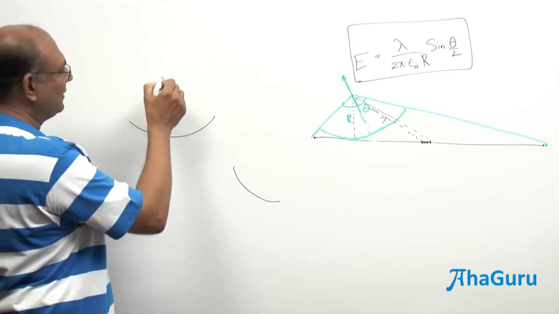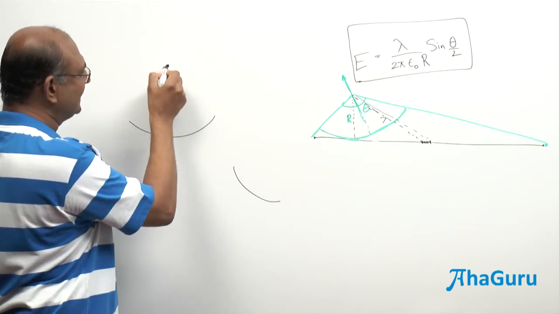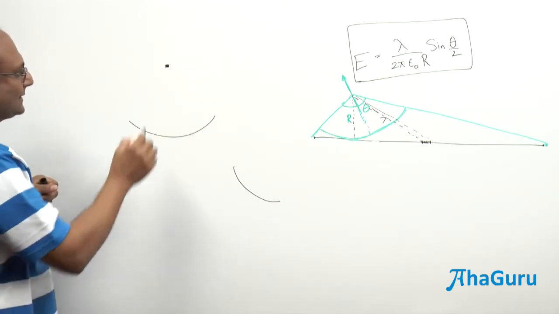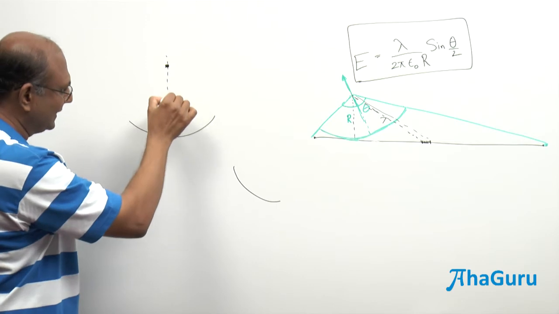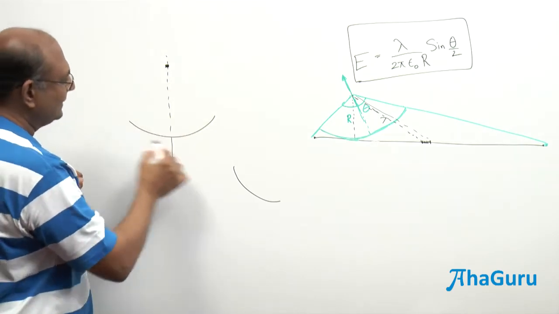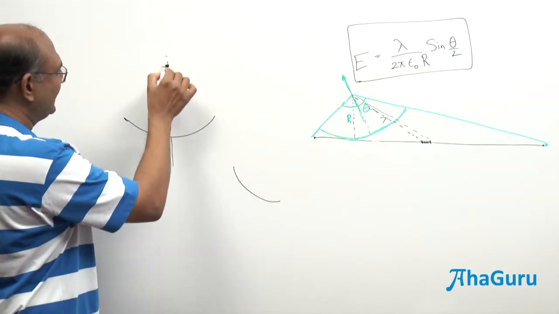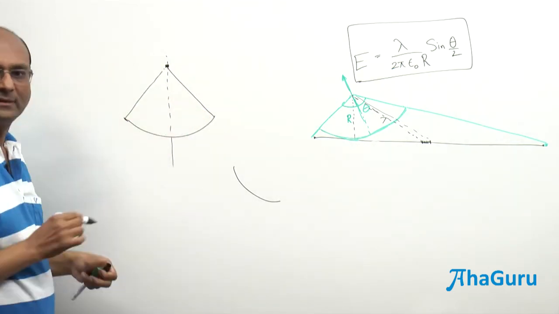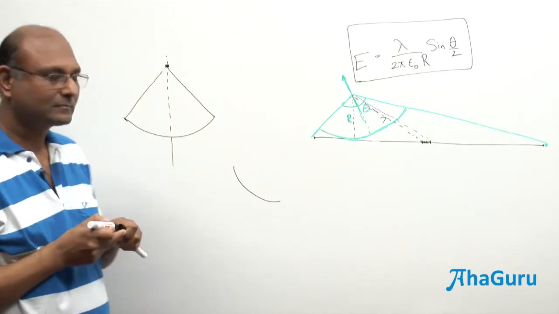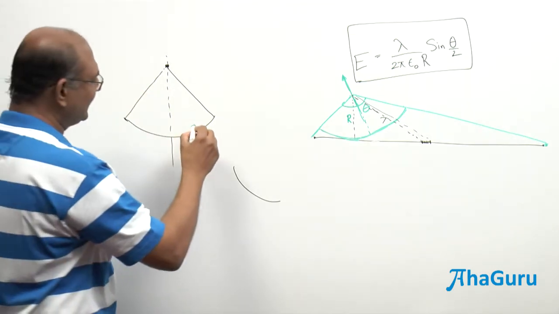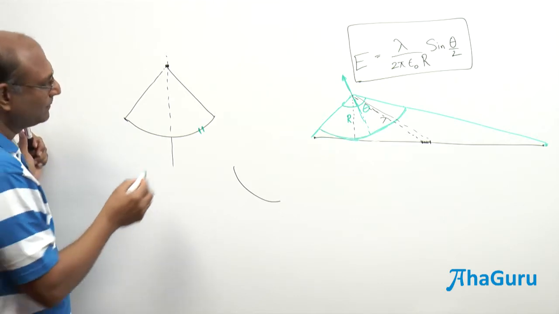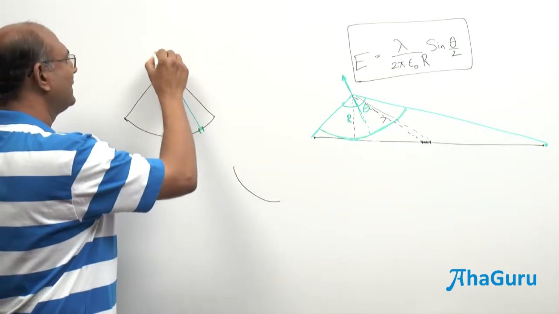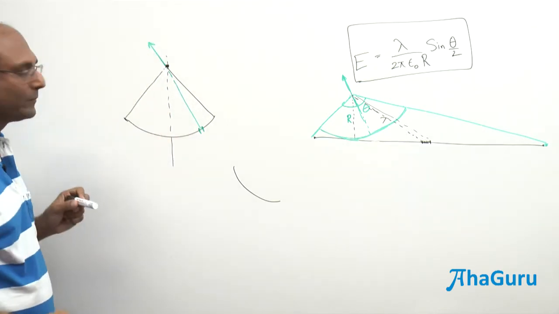So let us therefore prove it for the center for an arc that looks nice and symmetric about the vertical axis. So I have here a vertical line and it is equal on both sides. And what we are going to do is to say that the total angle is theta. Now, if I took a differential element, a small element, and I want the field due to this small element, that would point in that direction.